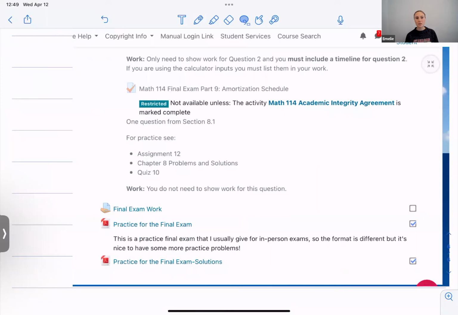The amortization schedule, okay, that's the mortgage.